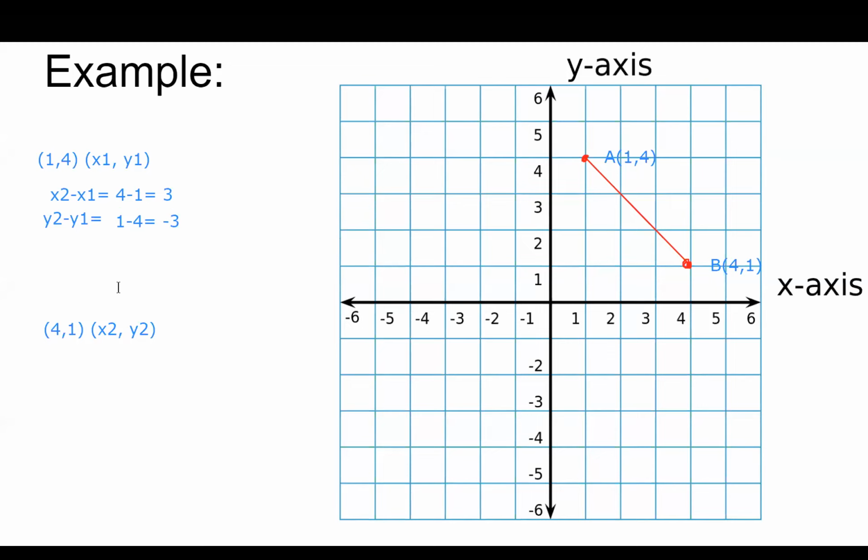That's using integers again. Now, I square the differences X2 minus X1 and Y2 minus Y1. So when I find out the square of 3, I make a 9. And when I find the square of -3, I make a 9 again, because negative times negative makes a positive.